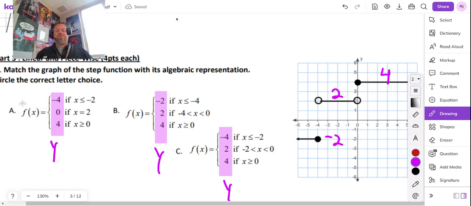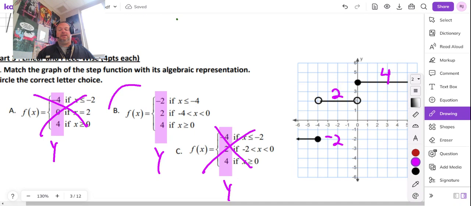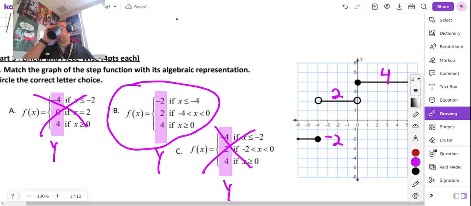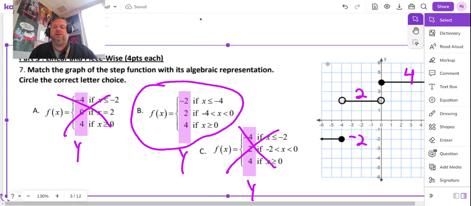Well, it's not A, and it's not C. It is B. All right. So look for the y values. Remember, the y values are in the column. That's usually the thing that people forget, that the y values are in the column right there. All right. Are we good with number 7?